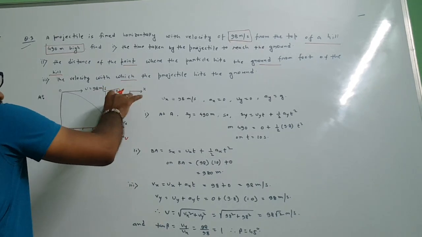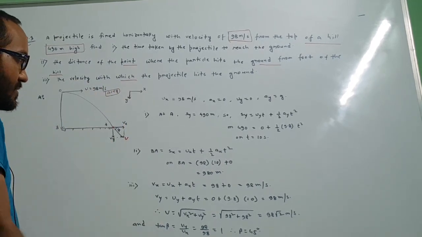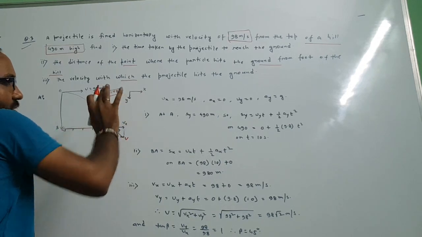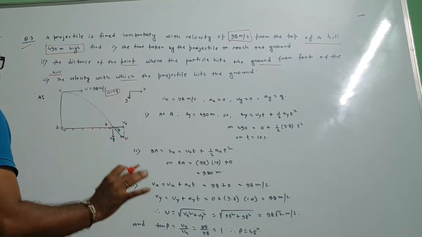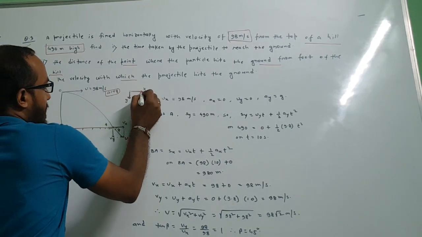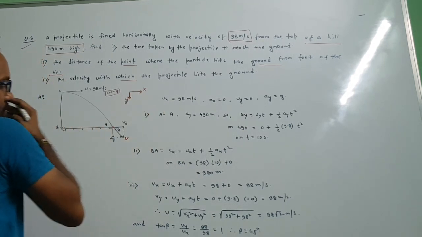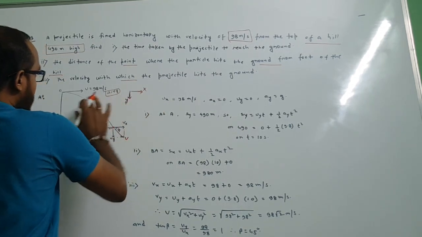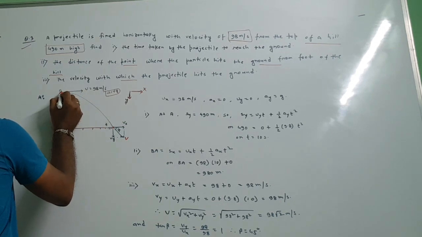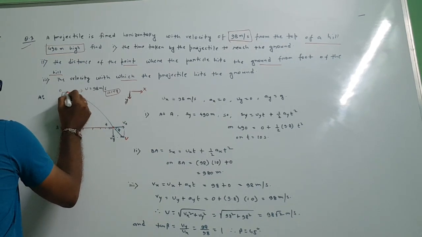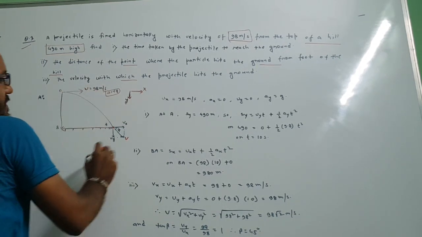You can take axes according to yourself, but apply with proper sign. The question would be very easy. Now we have taken the right hand side as positive x-axis and downward as positive y-axis.